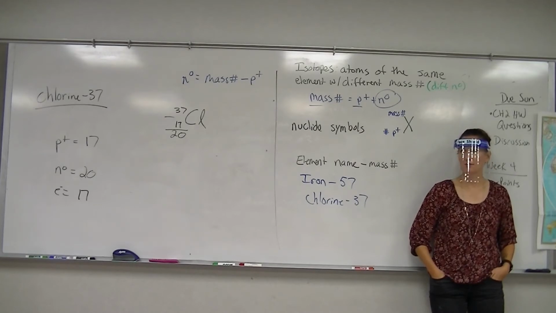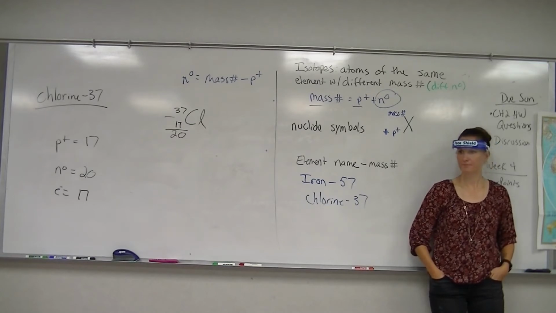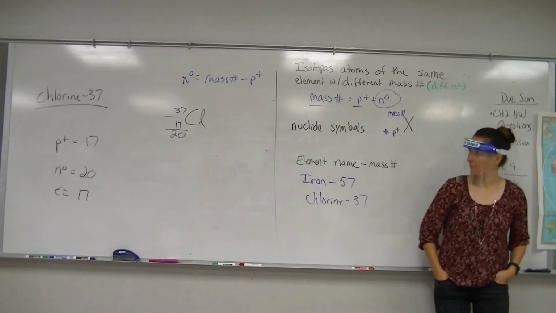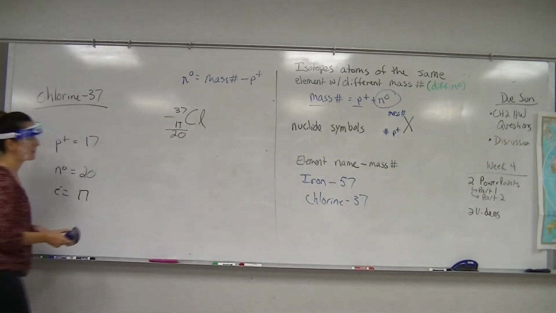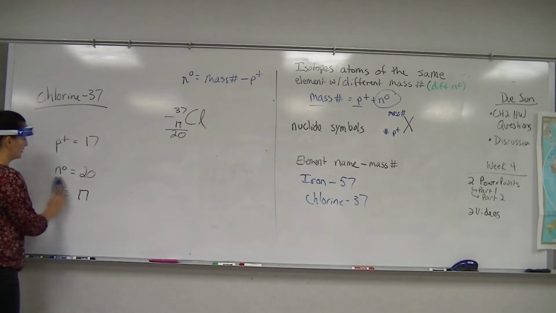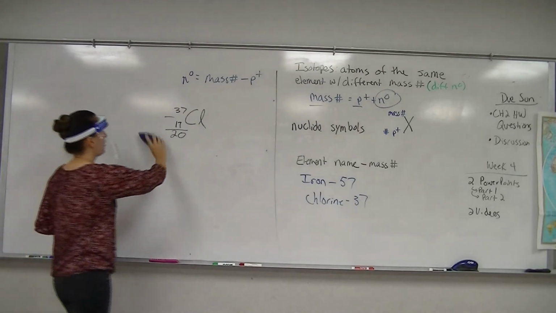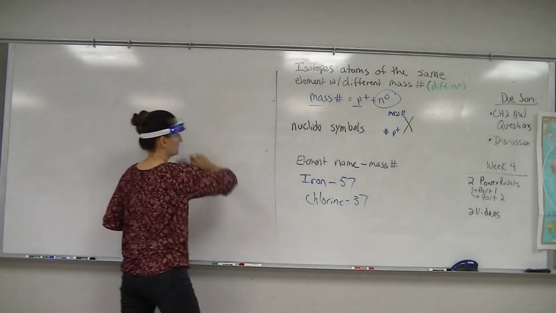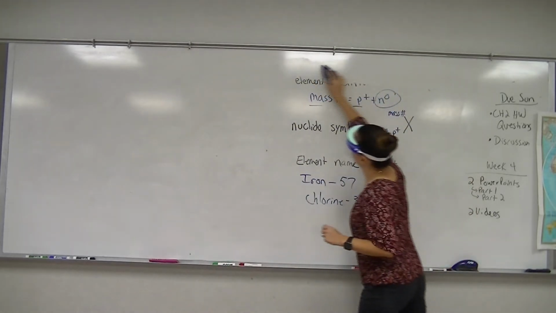It represents the average of all the isotopes. We'll use it when we calculate molar mass. I can't remember if that's chapter 3 or 4. But okay, so right now we're just focused on the whole numbers, the mass numbers.